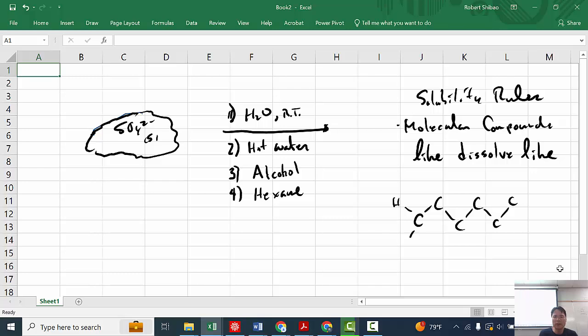So I'll have a hydrogen up here, here, here. I'm trying to draw this more three-dimensional. I could flatten the whole thing out, which is fine also.